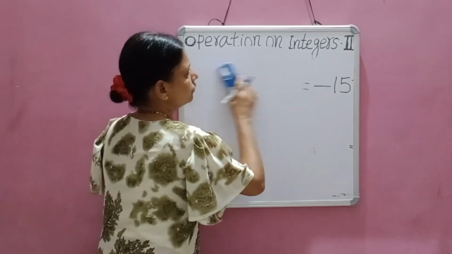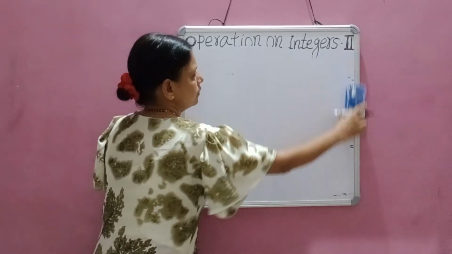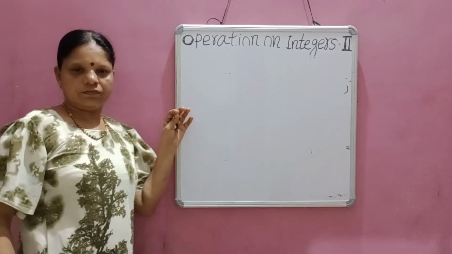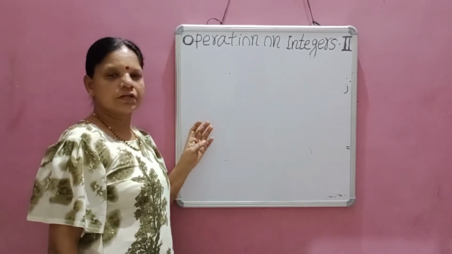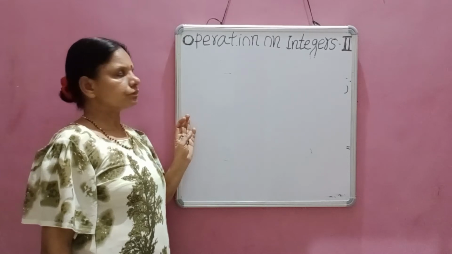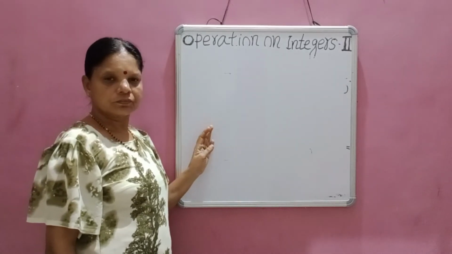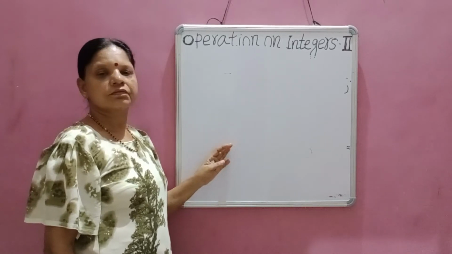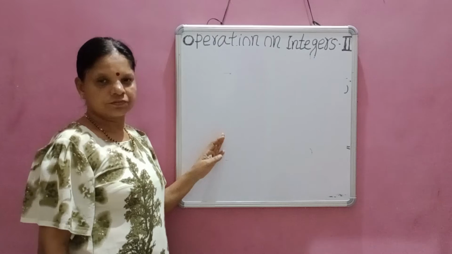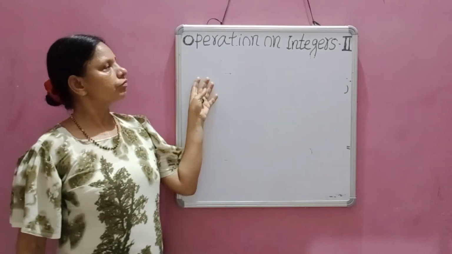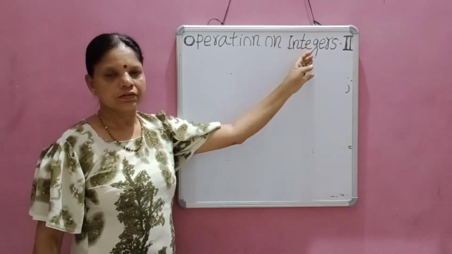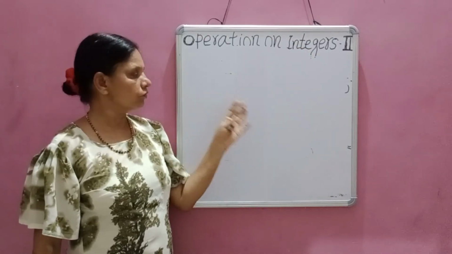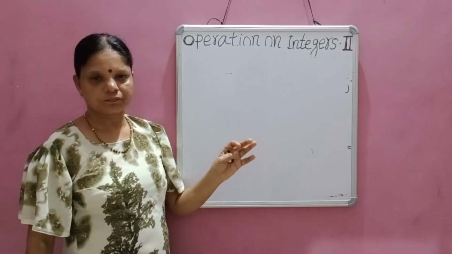The product of a positive and a negative integer is negative. The product of a negative integer and a positive integer is negative. The product of two negative integers is positive. This only you have to learn for operation on integers, the rules of operation: how the sign will go for the product.